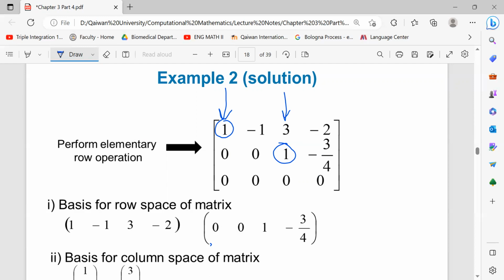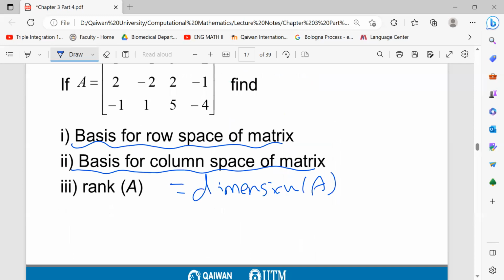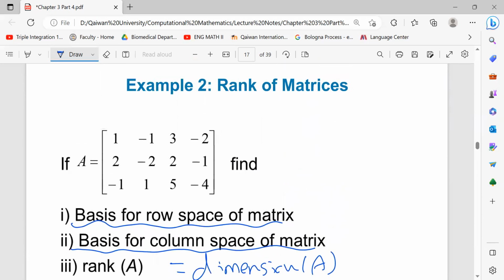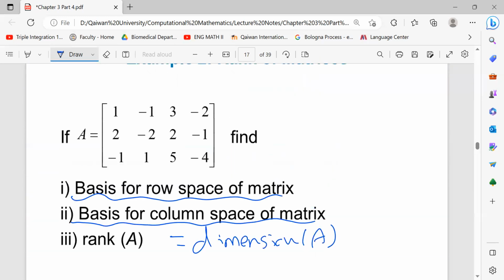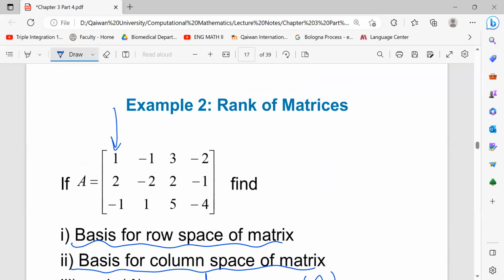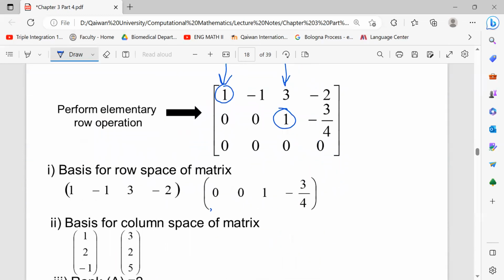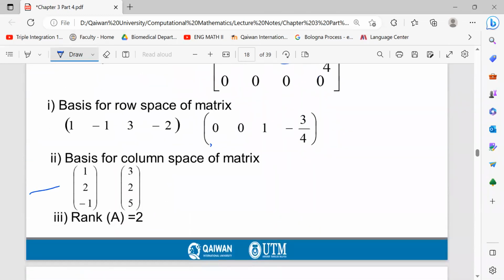Sorry, we choose columns 1 and 3, not rows. We choose columns 1 and 3. This is 1 to -1, and also 3 to 5. These two are the basis for the column space.